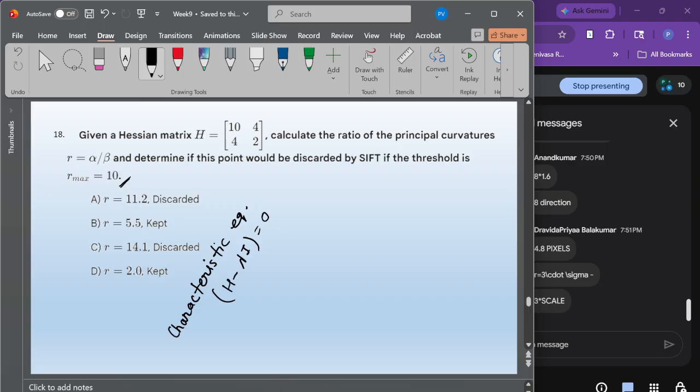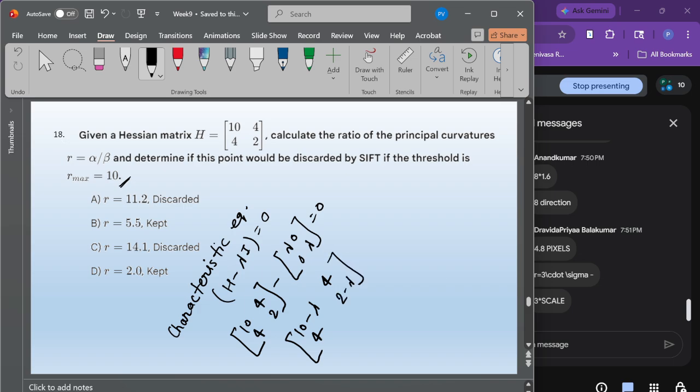So here H is given as 10, 4, 4, 2 minus lambda times the identity matrix. So 10 minus lambda, 4, 4, 2 minus lambda is equal to 0. So (10 minus lambda) times (2 minus lambda) minus 16 is equal to 0, right?